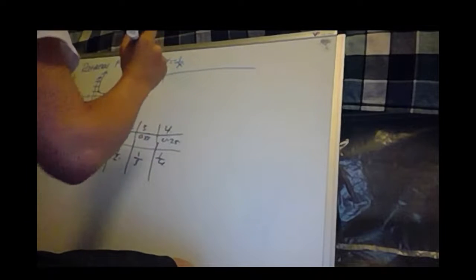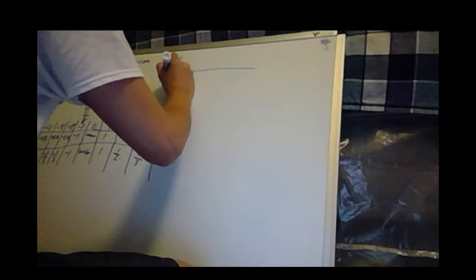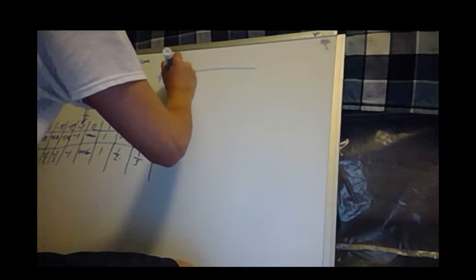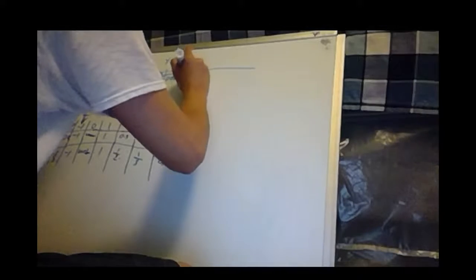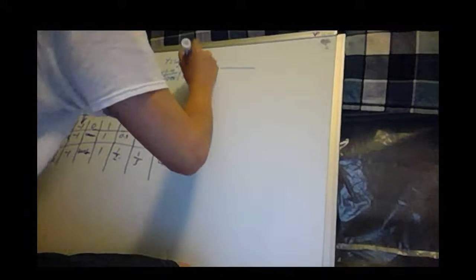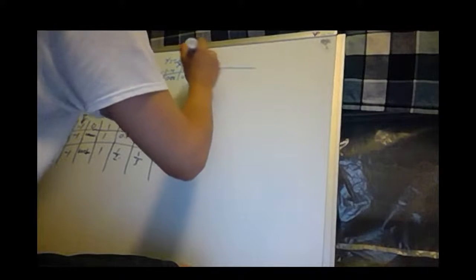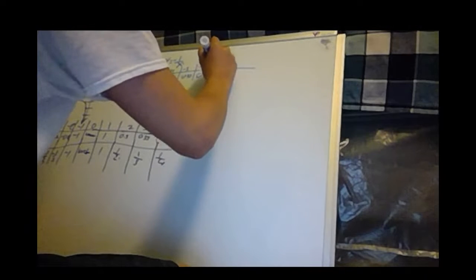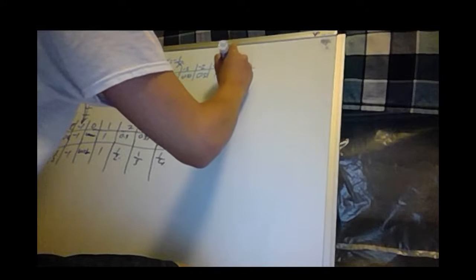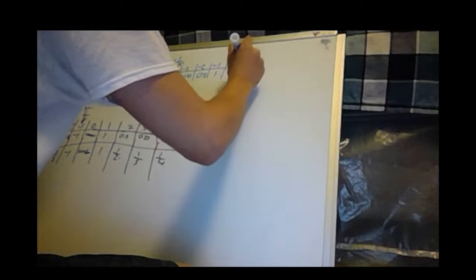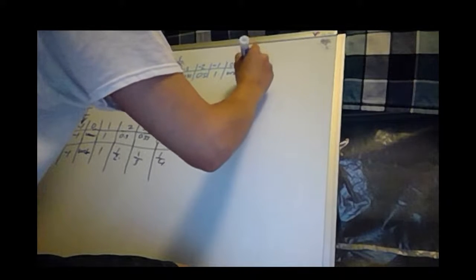If we do y equals negative 1 over x, for negative 4, negative 1 over negative 4 is 0.25, right? Negative 1 over negative 3 is 0.33. Negative 1 over negative 2 is 0.5. Negative 1 over negative 1 is 1. And then for 0, it's undefined. Then negative 1 over 1 is negative 1.